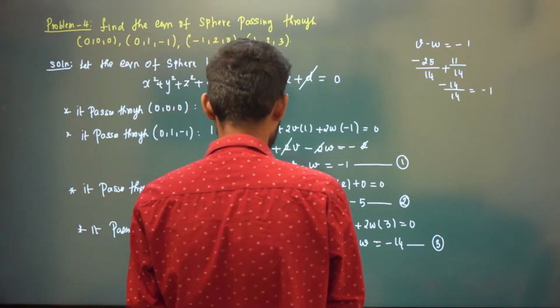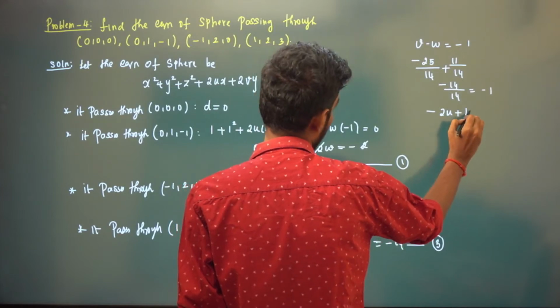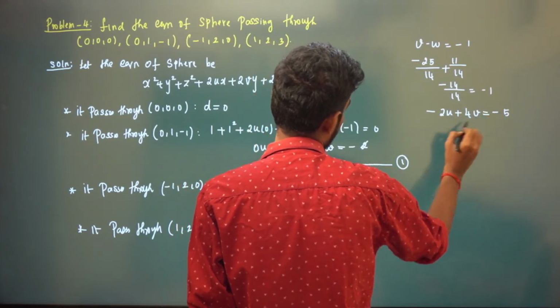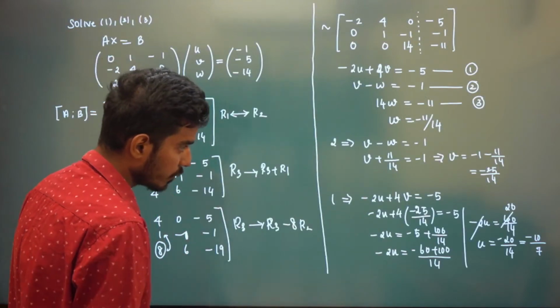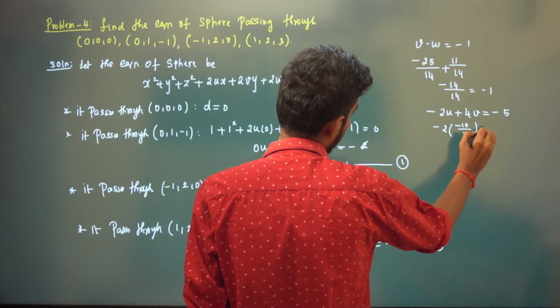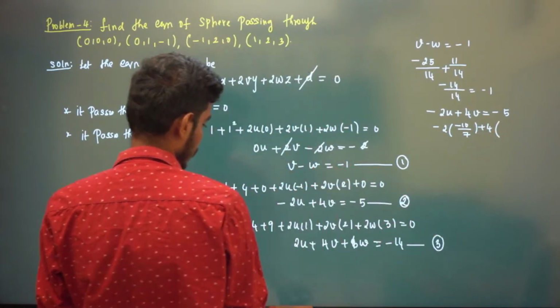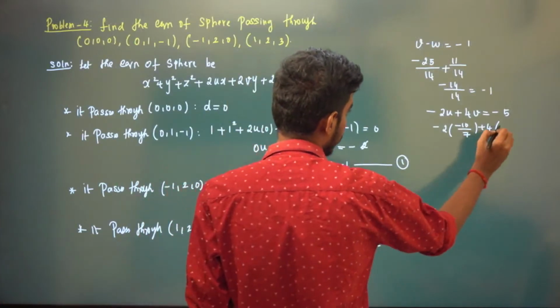Similarly, we should have minus 2U plus 4V to be minus 5. So minus 2 times U. U is minus 10 by 7 plus 4 times V. V is minus 25 by 14.